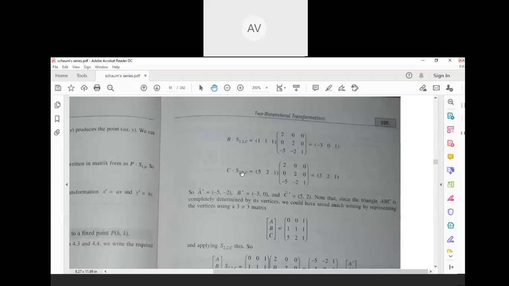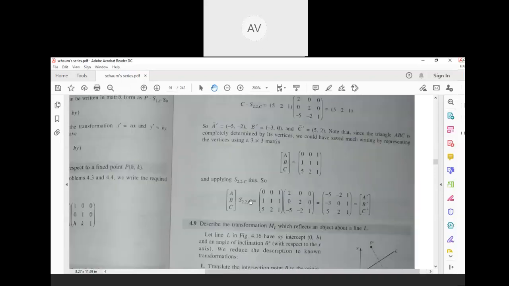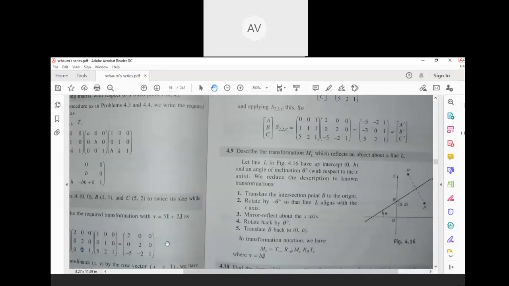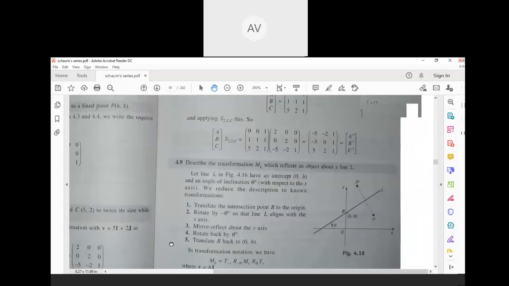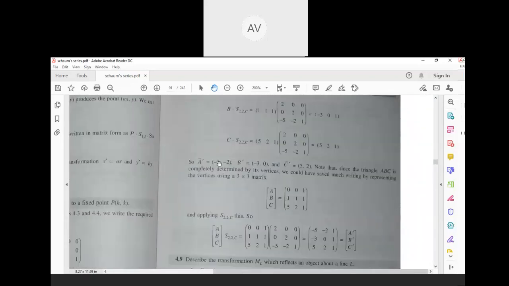Similarly for point C. So here the final values are A dash is minus 5, minus 2, B dash will be minus 3, 0, and C dash will be 5, 2.